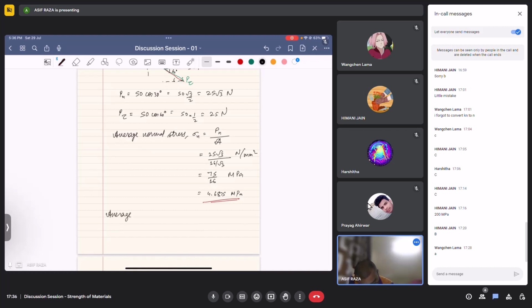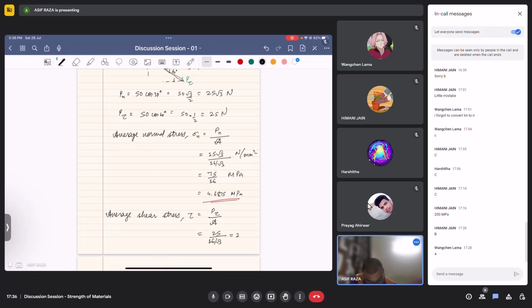Average shear stress, tau, would be P tau upon area, and that is 25 upon 16 upon root 3, and this is equal to 25 divided by 16 into 3.